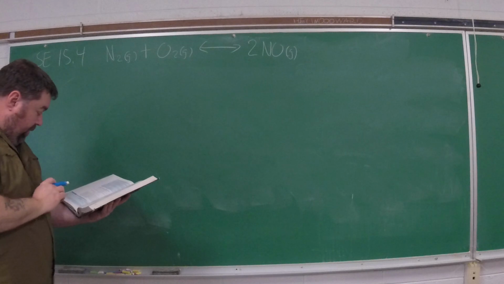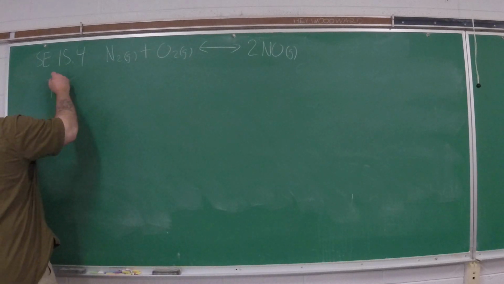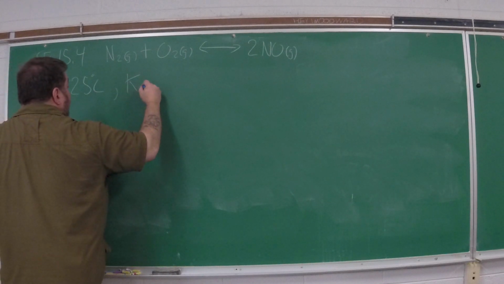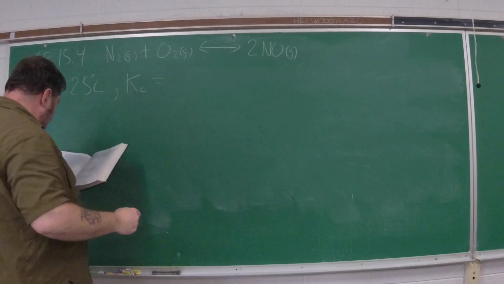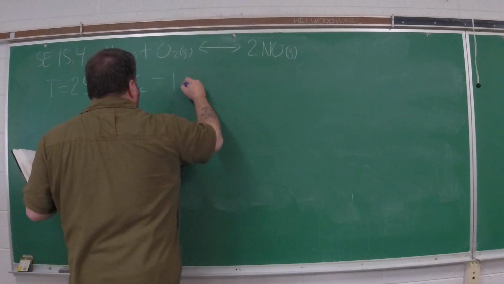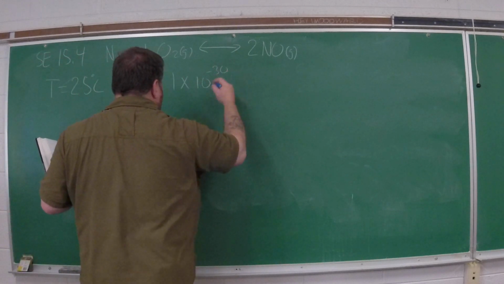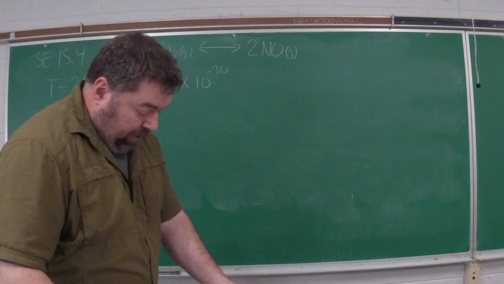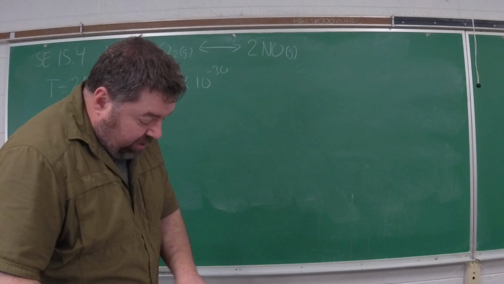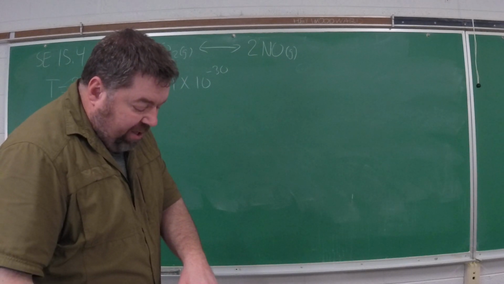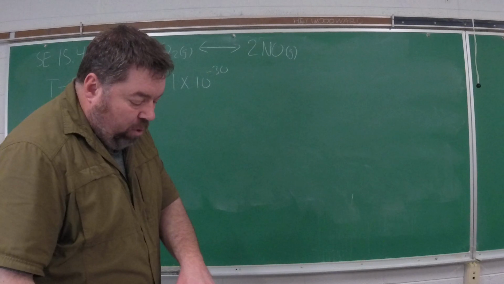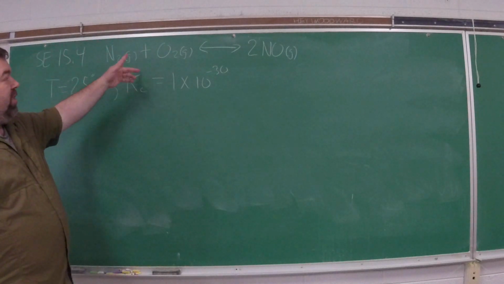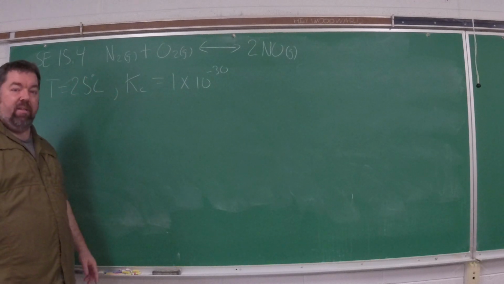And then they tell us at a temperature of 25 degrees Celsius, Kc for this reaction is 1 times 10 to the minus 30, all right? And then they ask us, use this information to write the equilibrium constant expression and calculate the equilibrium constant for the reverse reaction. So we're gonna reverse this here and then figure out what Kc is.